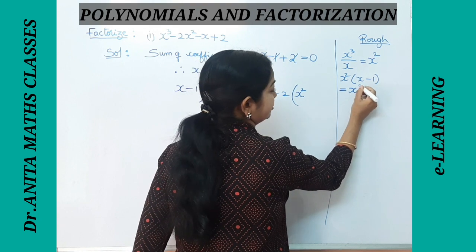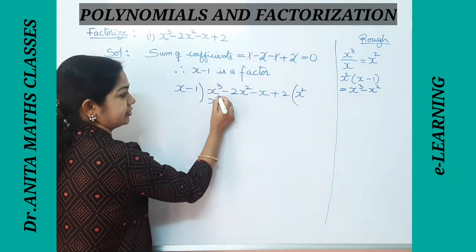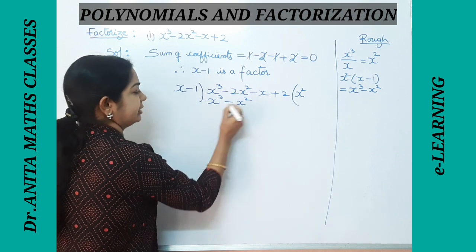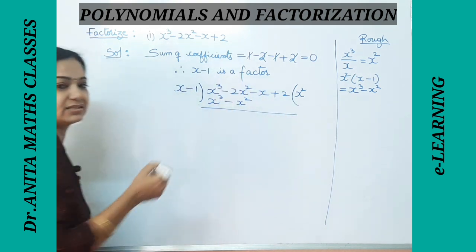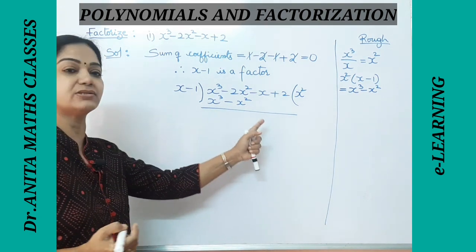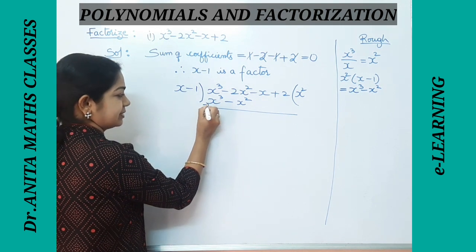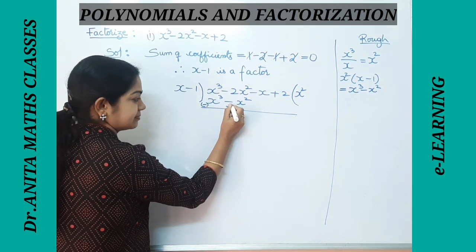So if you open the bracket, we will write x cube minus x square. In divisions we will be subtracting, and in polynomials, subtraction means changing the signs of the polynomial below. Now let me change here: this is plus, so this becomes minus; this is minus, this becomes plus.